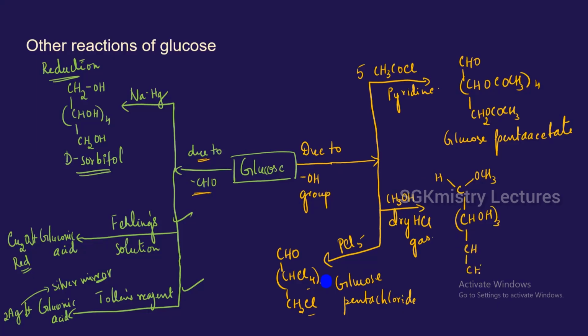You are going to get a cyclic structure here. This carbon and this will form a ring. So this is nothing but alpha D methyl glucoside.